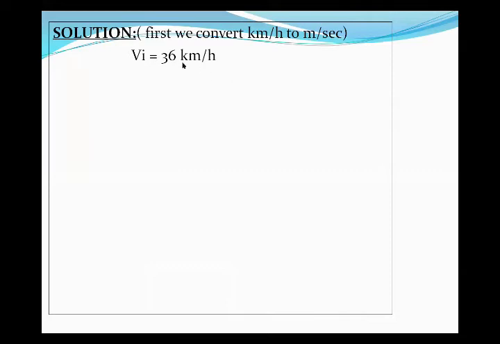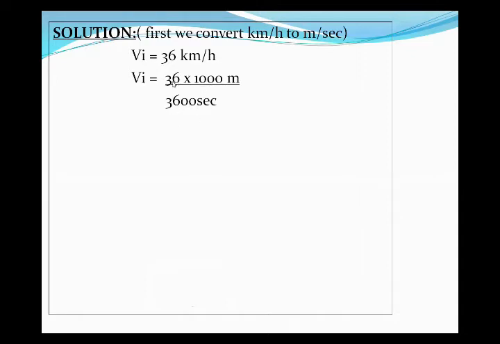Then we know that 1 kilometer is equal to 1000 meter and 1 hour is equal to 3600 second. So we have to multiply 36 with 1000 and divide it by 3600 second. After that, we will simplify it.